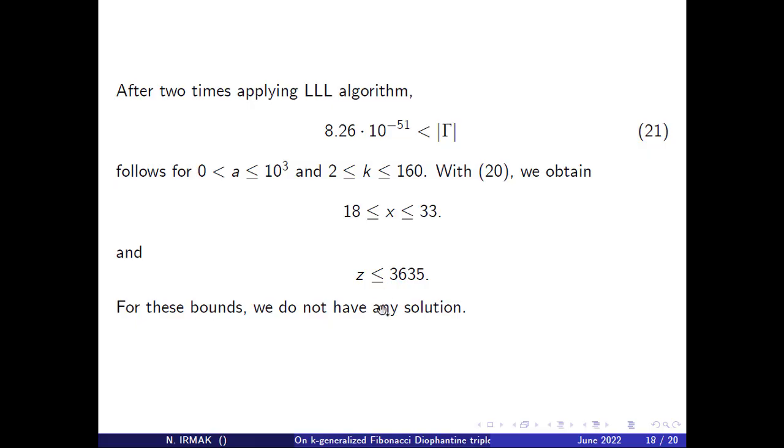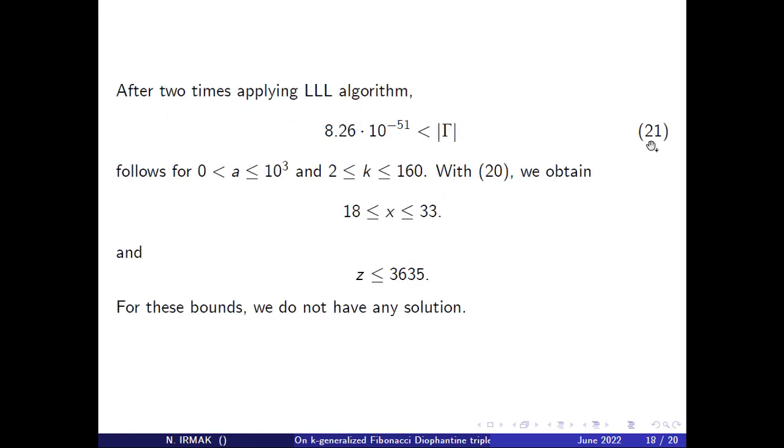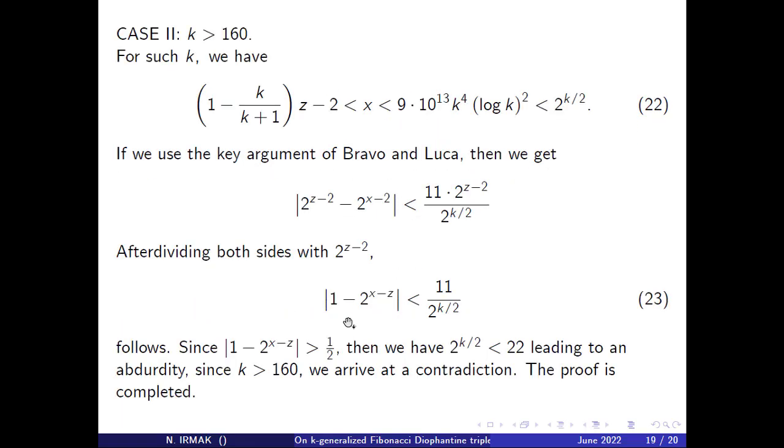We obtain the inequalities 21 and 22. If we compare inequality 19 and inequalities 21 and 22, we obtain that x is between 18 and 33, and z is less than this number. If we use these bounds to find the solution, we don't have any solution here.